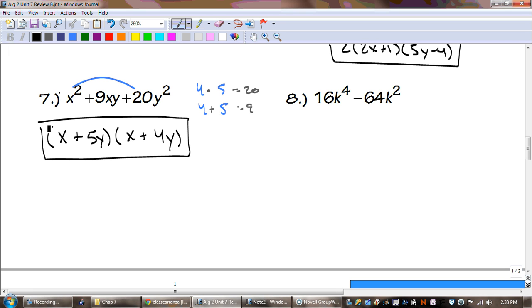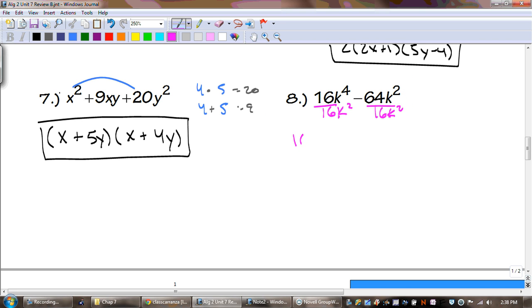Like in number 8. You guys might be like, well, Mr. Grice, those are perfect squares, and I can just square root everything. You can, but you're just going to make more work for yourself because you didn't follow the first rule, which is take out the GCF. Okay, I can take out a 16 out of both of those, and they both have k's. Okay, and the smallest one is k squared.